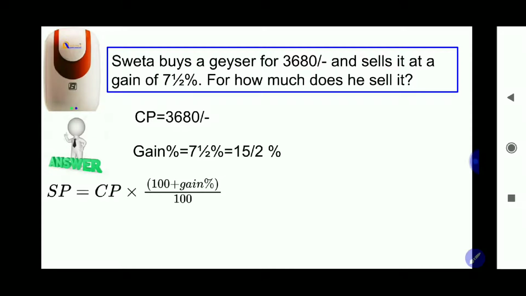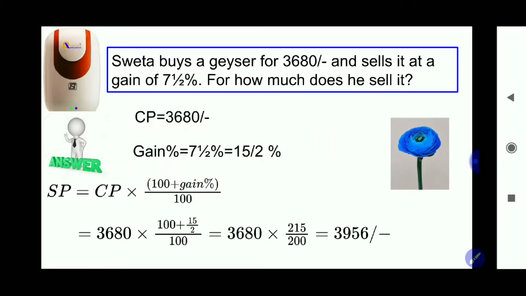Formula for SP, that is CP into 100 plus gain percentage by 100, that equals 3,680 into 100 plus 15 by 2 by 100. By simplification, we get 3,956 rupees.